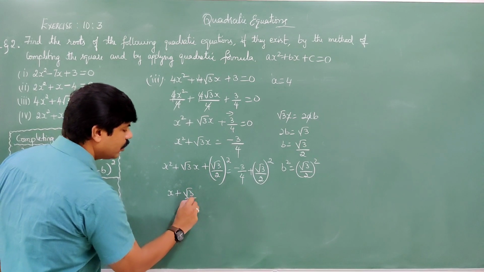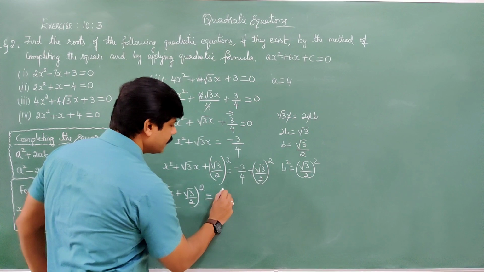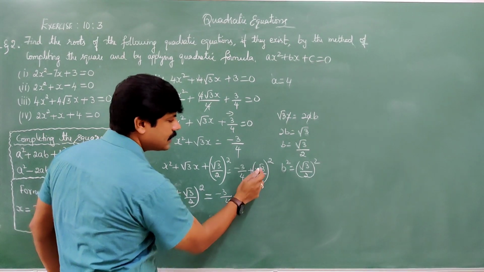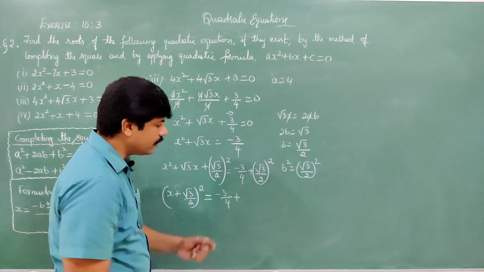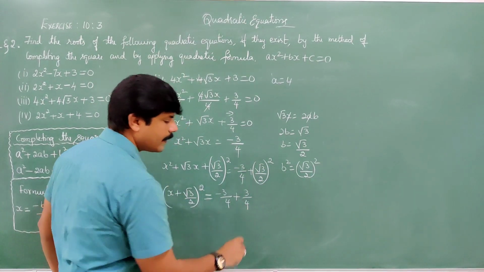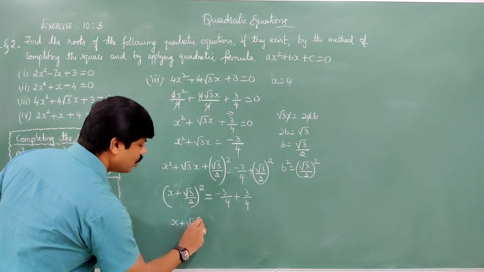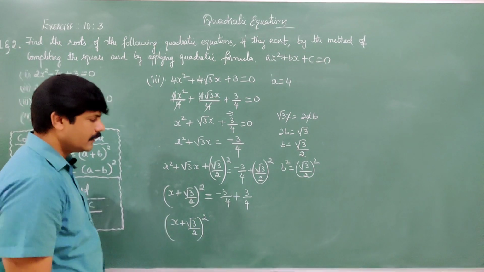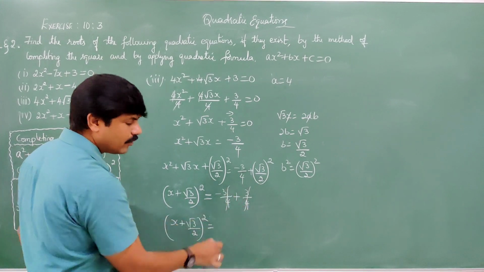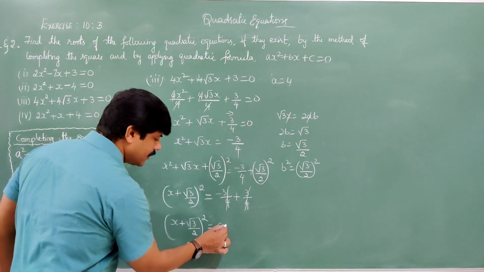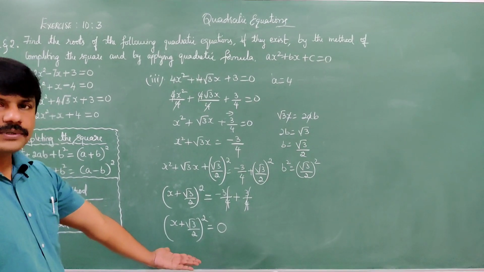Root 3 by 2, whole square is equal to, now, 3 by 4 plus, apply this square to both root 3 and 2, it becomes 3 by 4. Now see here, x plus root 3 by 2 whole square is equal to plus 3 by 4 minus 3 by 4, both get cancelled, remains 0. It becomes 0. Understand? It becomes 0.